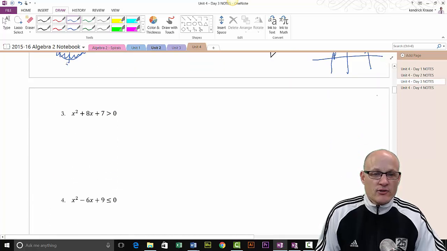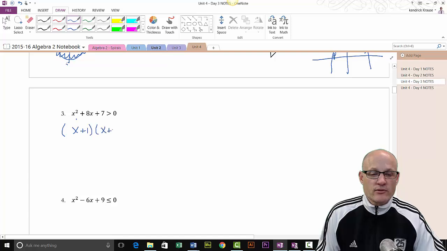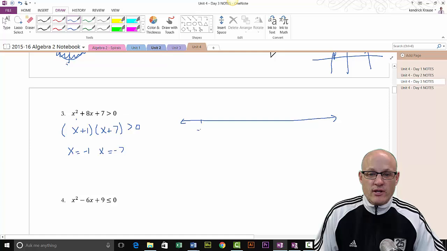All right, moving down. Oh, there we go. Finally, we got an E. So this one's not bad. This one's just x plus 1, x plus 7 greater than or equal to 0. So my two roots are x equals negative 1 and x equals negative 7. Number line, negative 7, negative 1.